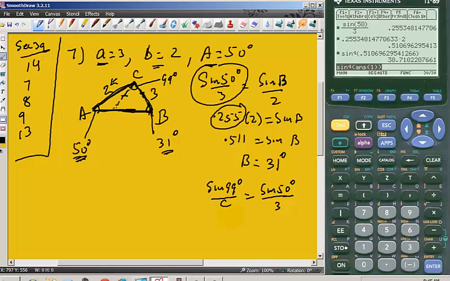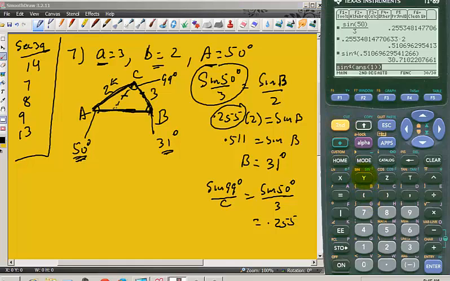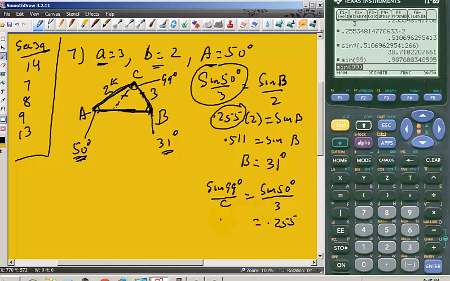So this is 0.255, and sine of 99 degrees is 0.987 over C. My C, obviously I'm going to have to cross multiply here and then divide that by 0.255.